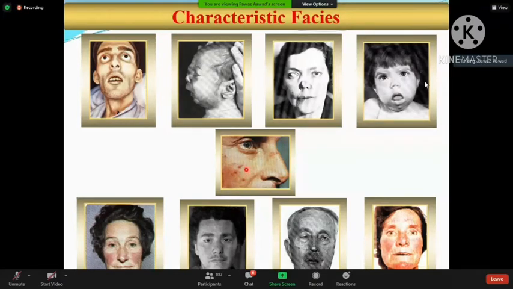This may give me an idea that this patient may have impaired liver function test. And you have to send the patient for the liver function test. This is what we call the face of hepatic cirrhosis.